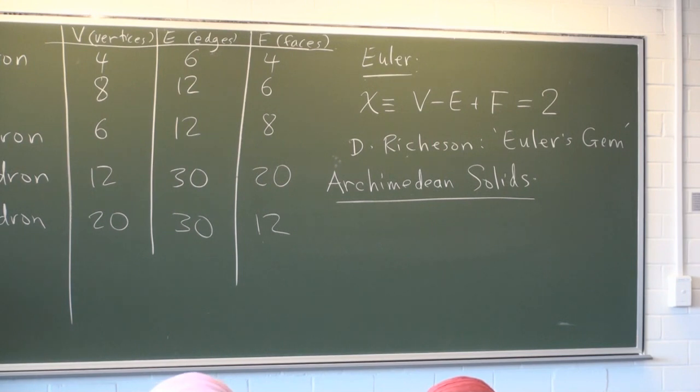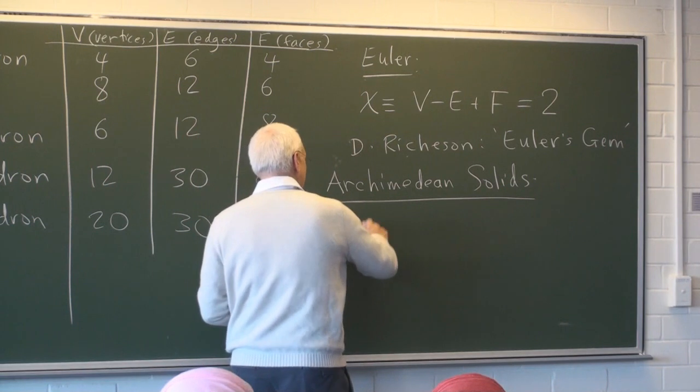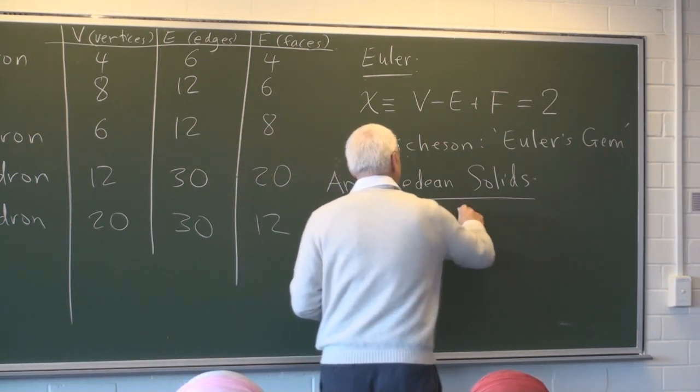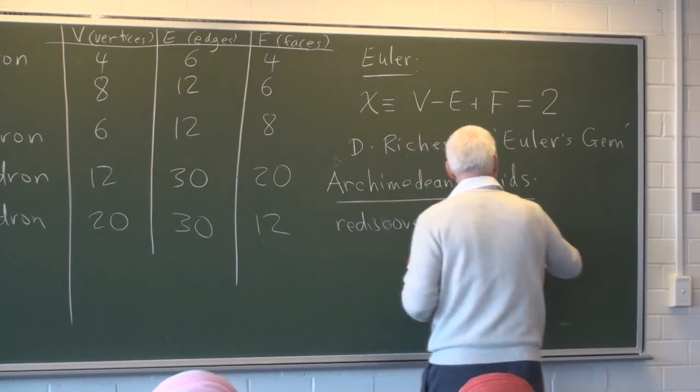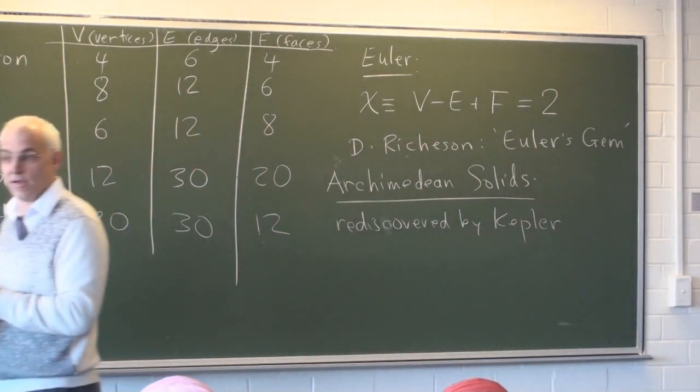But unfortunately, his writings on the subject have been lost, and so we only know about it indirectly. They were rediscovered by Kepler, and probably by several other people since then.